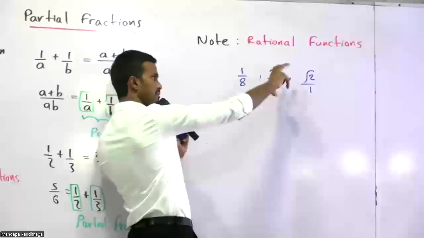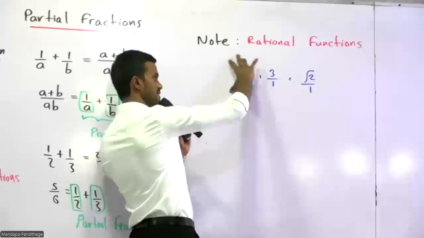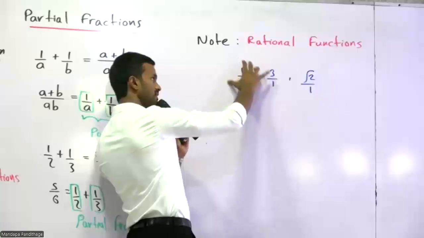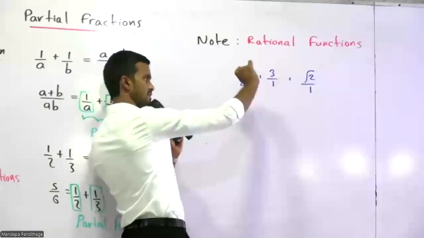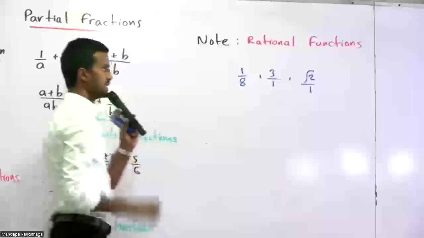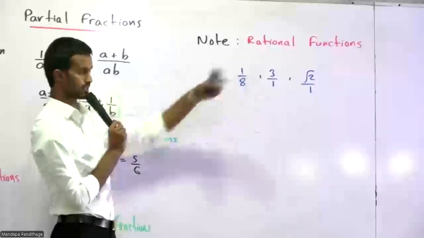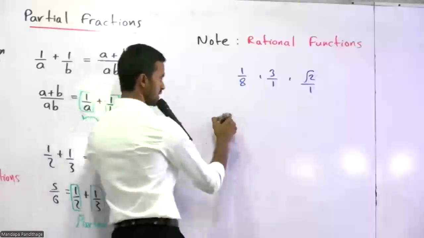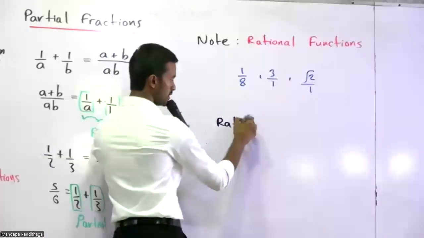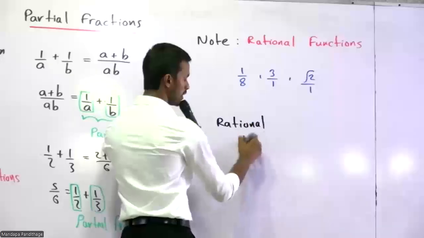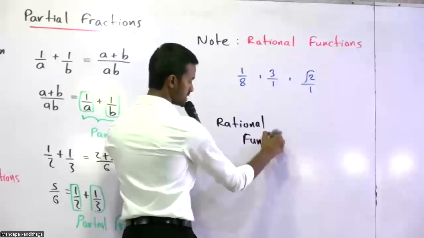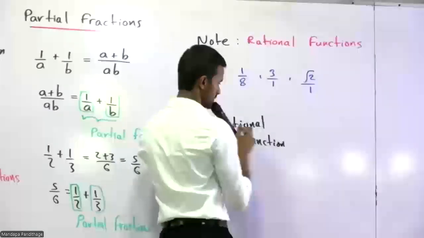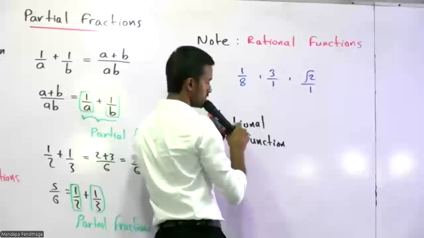So what are rational numbers? We have done that before. This is not the first time you are hearing about rational numbers. If we can express a number as a ratio of two integers, those are rational numbers. The same thing goes with rational functions: a ratio of two polynomials is considered a rational function.